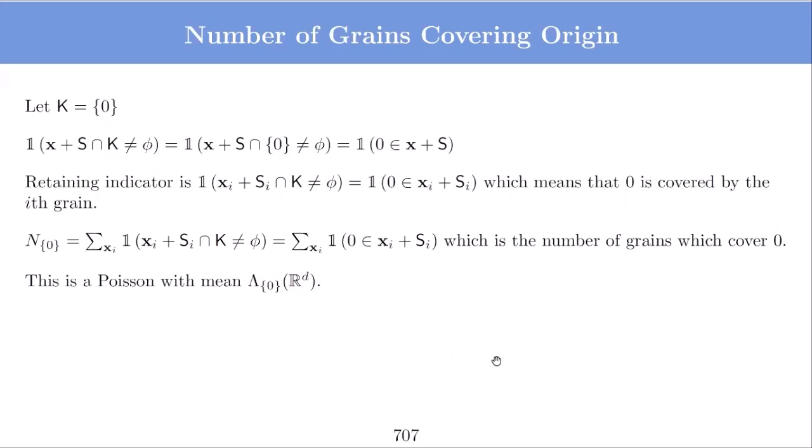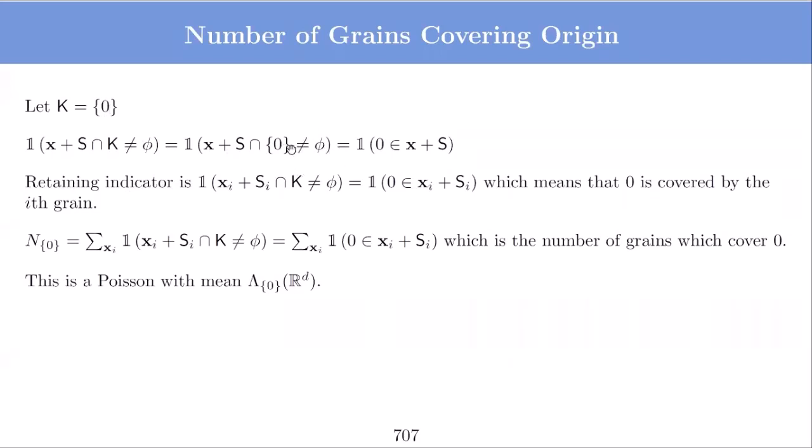So we can get this expression by just putting K equal to 0. If K is a set containing only the origin, then if x plus S intersection with K is non-empty, this means x plus S intersection with the origin is non-empty, right?